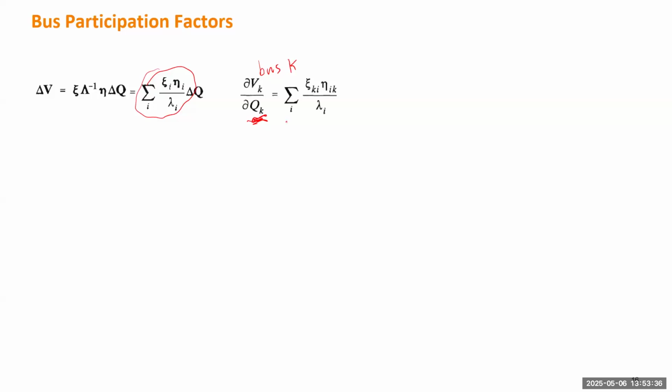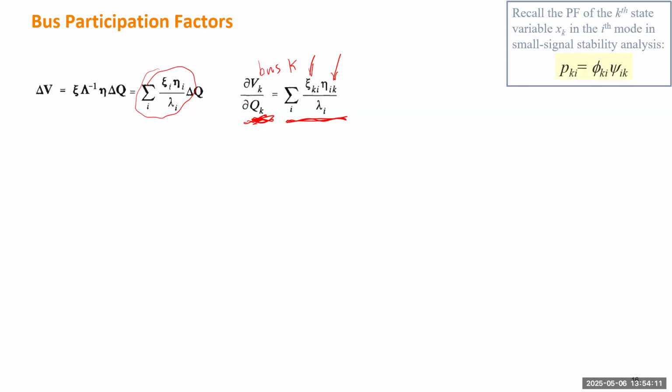That one can be calculated based on this expression. We pick the kth element from the right eigenvector, and we also pick the kth element from the left eigenvector. So we calculate the product of psi ki and eta ik divided by the eigenvalue. That one will tell you how the voltage will change with Q at bus K.